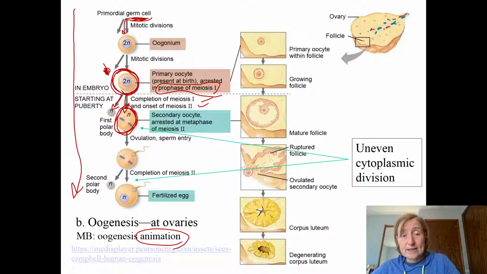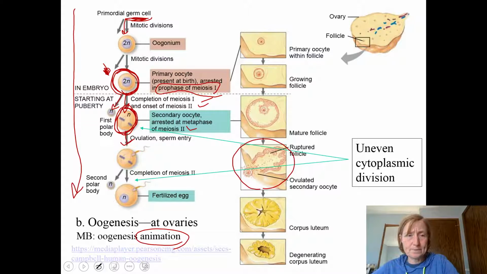Then this secondary oocyte starts going through meiosis 2. It stops partway through meiosis 2 and is ovulated. It bursts out of the ovary, okay? If it's fertilized, if a sperm comes along and fertilizes it, it will complete meiosis 2, producing a second polar body that's not worth anything. The polar body can't be fertilized or develop into a fetus, and the other egg can be fertilized and develop into a fetus over time.